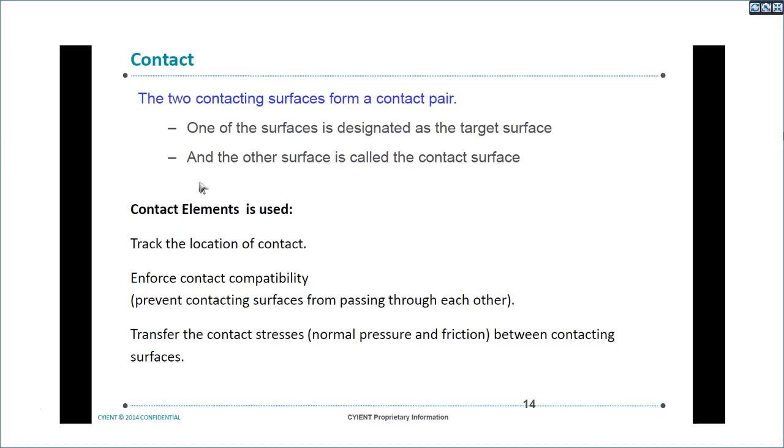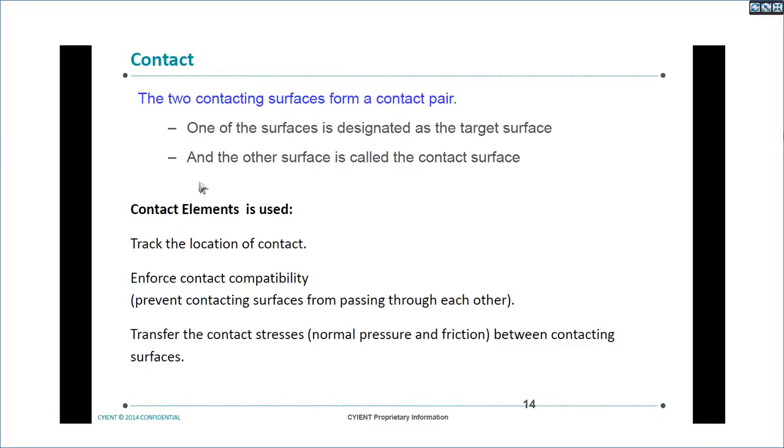If you want to define any contact, a contact element consists of one pair. One is called contact, and one is called target.